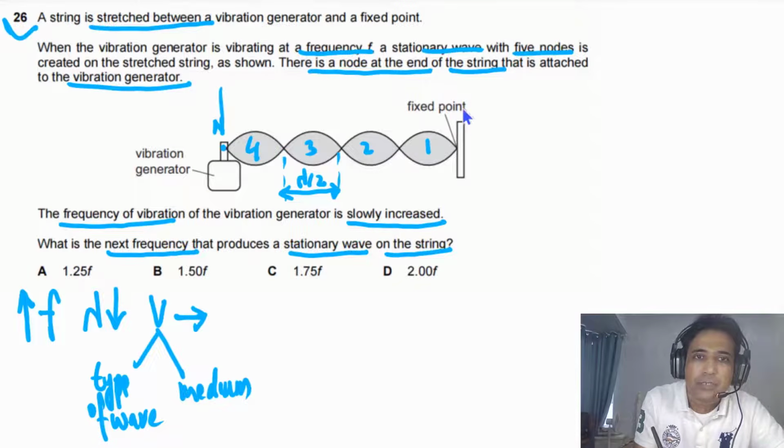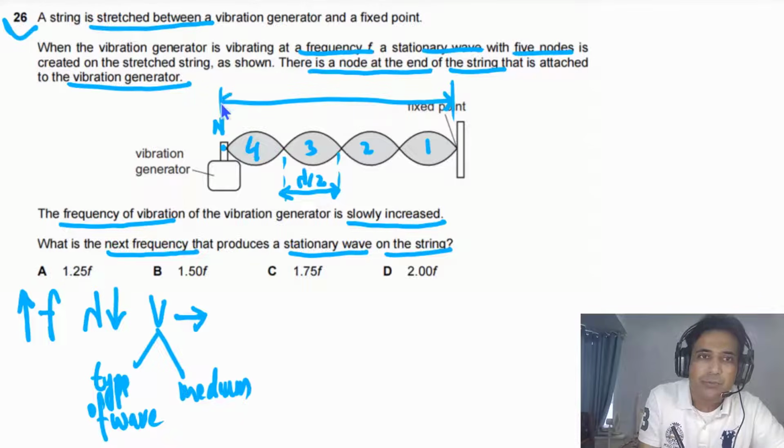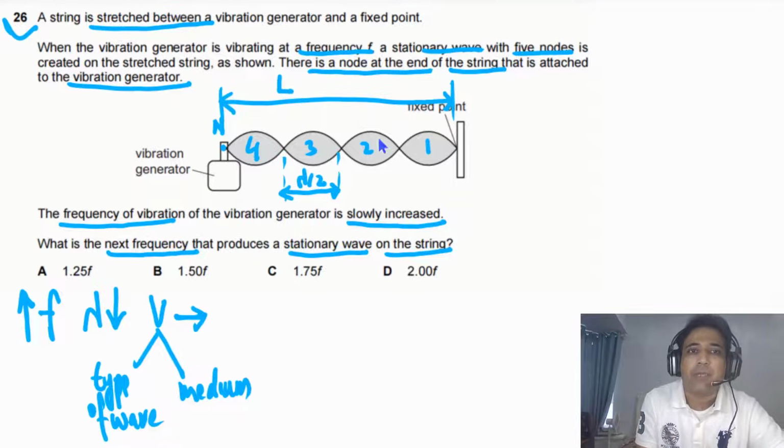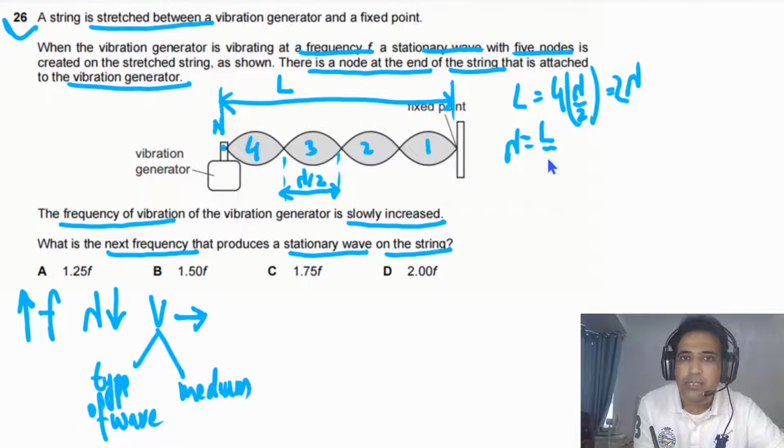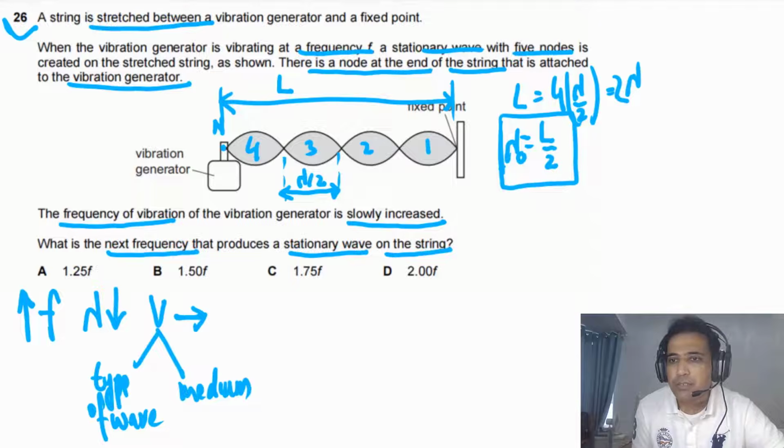Let's say the length of this string will remain the same, so we have length of string equal to L. In this case, L is equal to 4 times lambda by 2, or 2 times lambda. So from here we can write lambda is equal to L by 2. So this is our lambda 1.